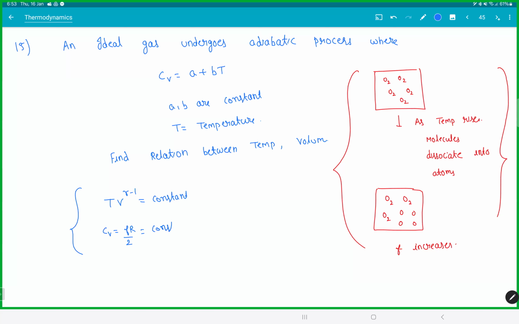So this result is not valid here. You're getting how this is possible, right? The CV can change. That is just to give an idea.